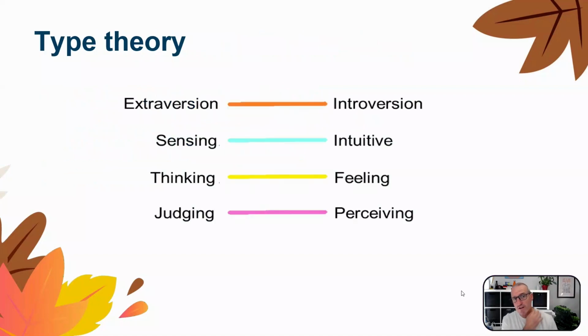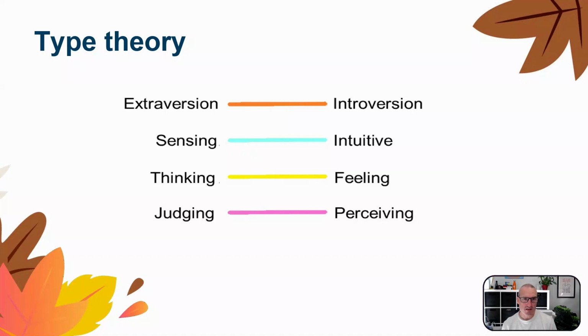The type theory references back to the extensive research done by Myers-Briggs. So you may have already done or heard of the Myers-Briggs MBTI and even be able to recite your 4-letter combination. The work that Myers and Briggs did really hung on Jungian archetypes, and that's the type in the type theory.